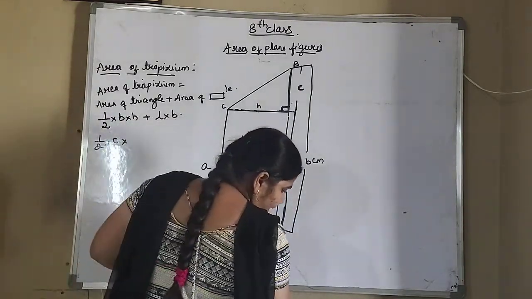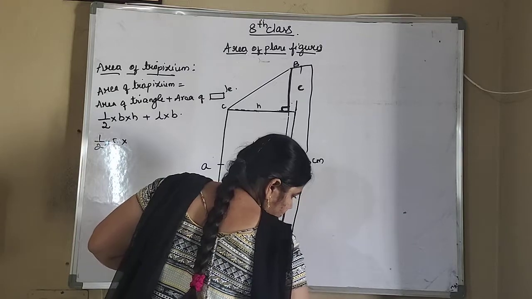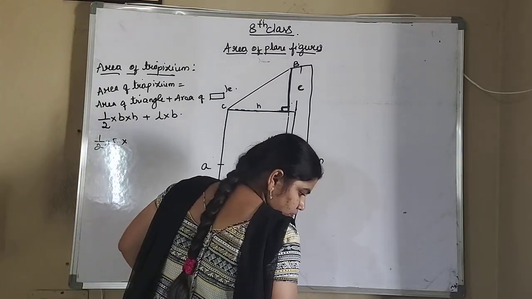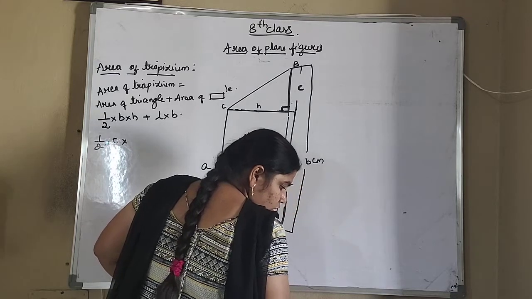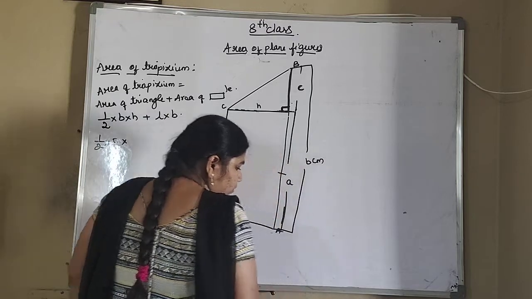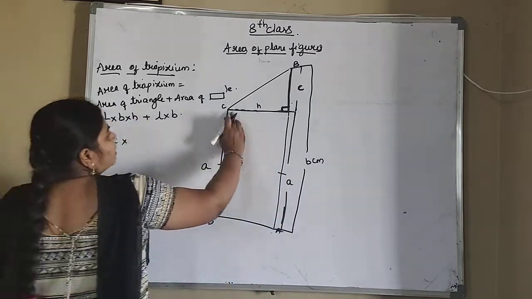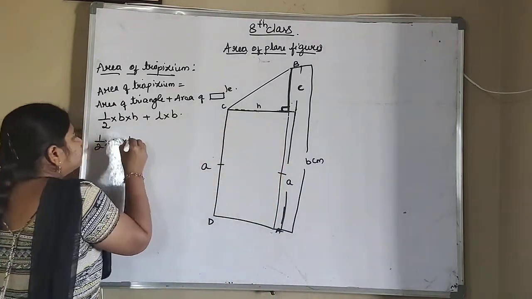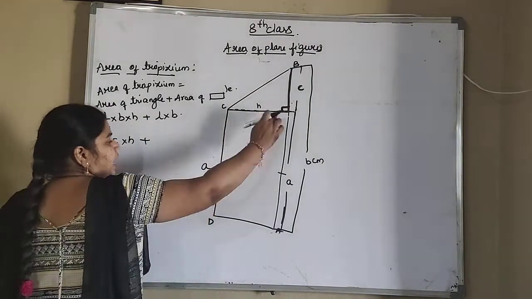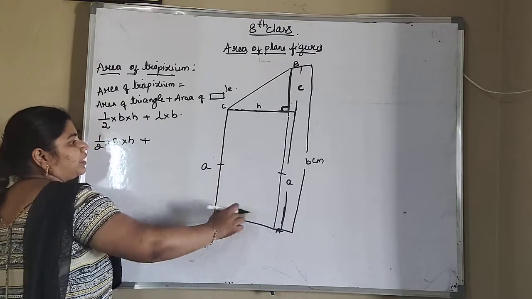And what is the height here? Height into base: C is the base and the height is this h. I am taking it as h itself. Plus, in this rectangle what is the length and what is the breadth?